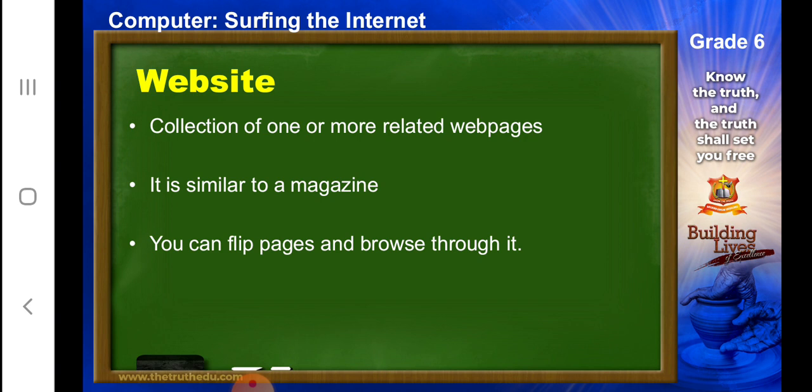Next comes the website. Now, what is a website? A website is a collection of one or more related pages. What does this mean? This means in your book there is one page, and the collection of pages makes it a book or a copy. Similarly, there is a web page which is a single page of information. When there are too many pages added together, then a website is formed.